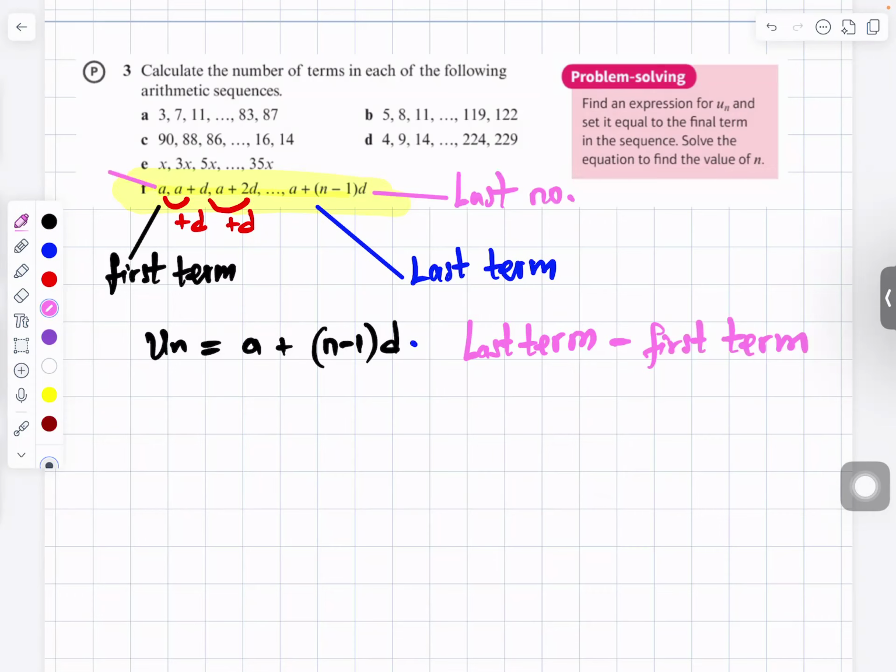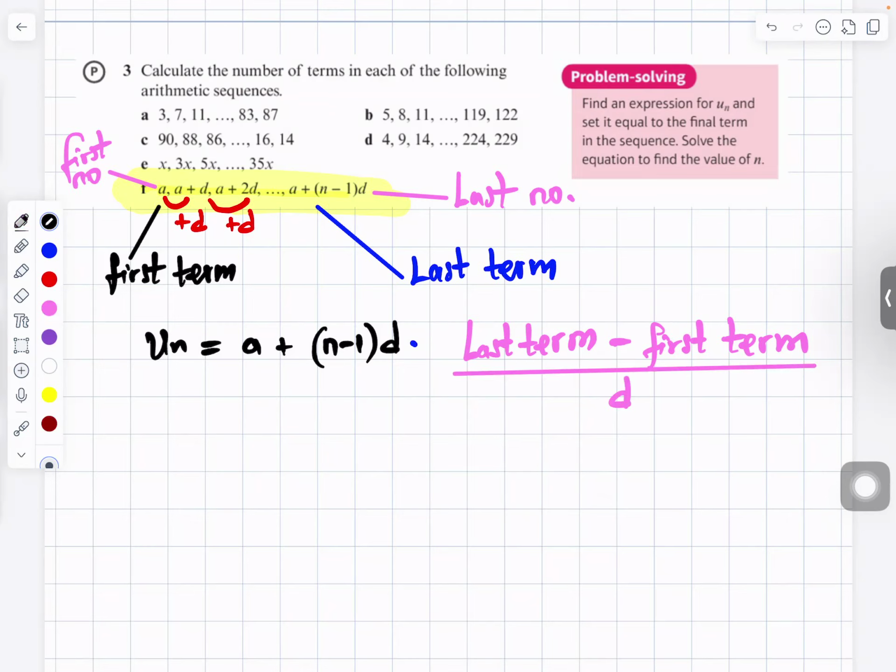And then this one is like the first number. So the last number minus the first number tells you the size of the thing. And then if you divide it by the difference, it will give you the number of terms. Divided by D will give you the number of terms. Or you substitute it in this formula and simplify.